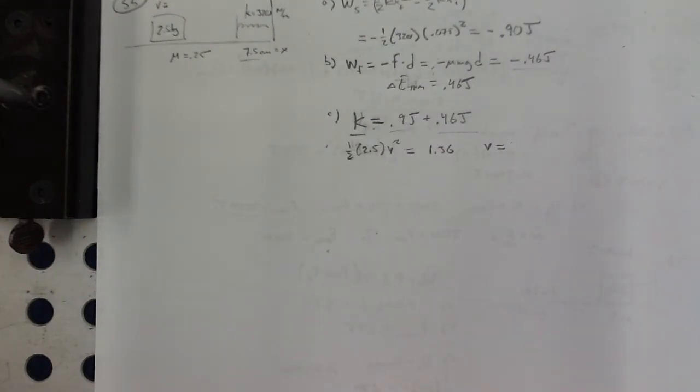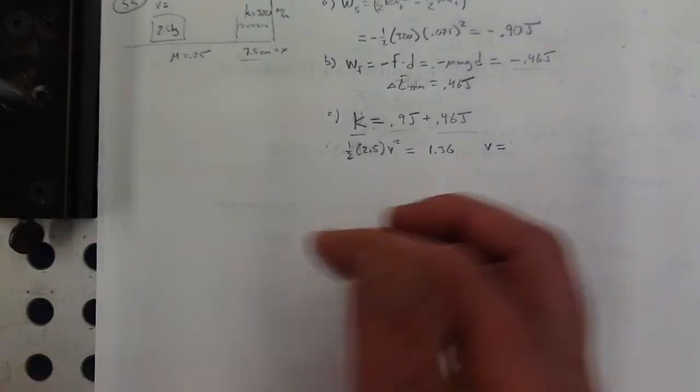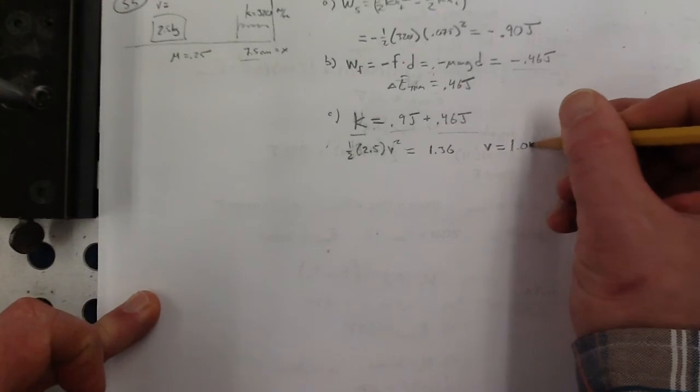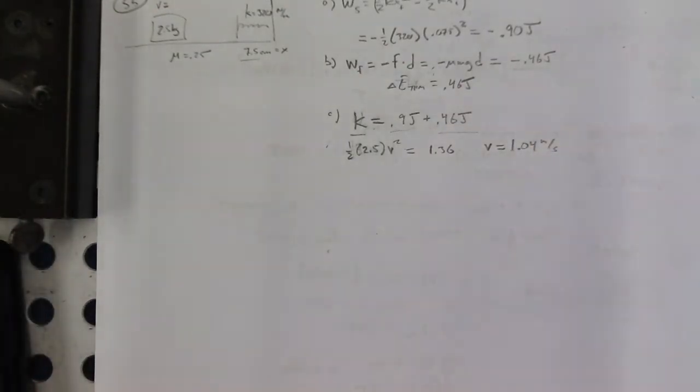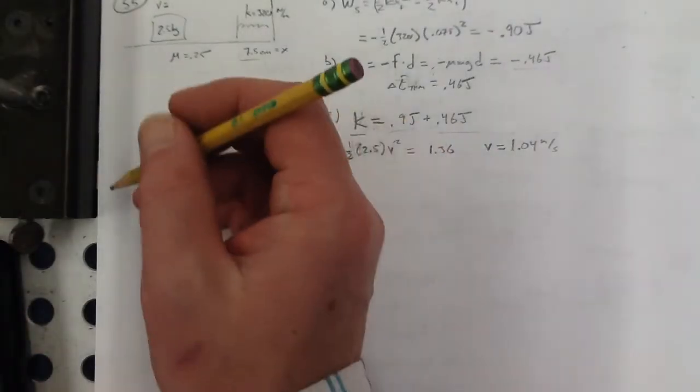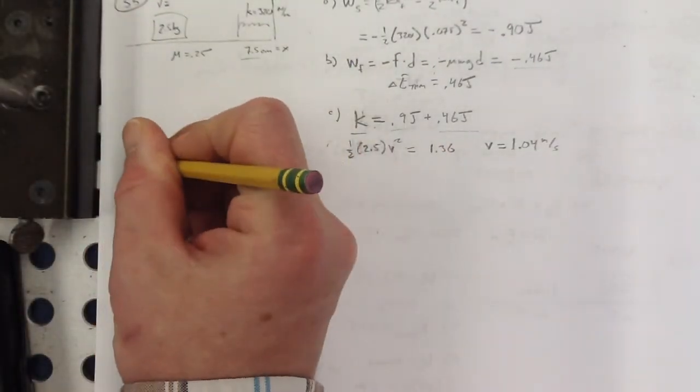Looks like the square root of... 1.04 meters per second. Let's check that. That's good. And 57.